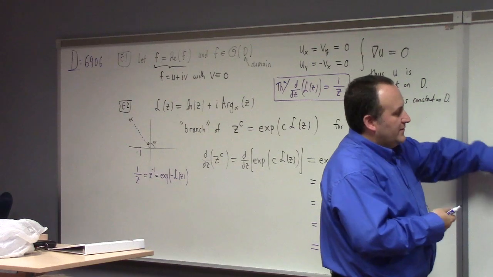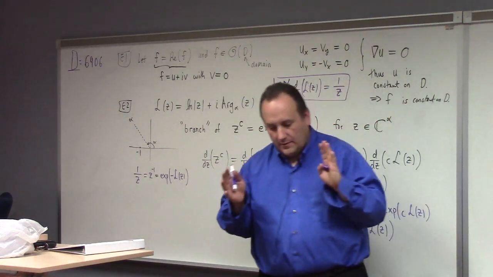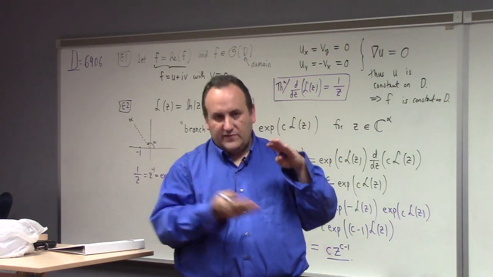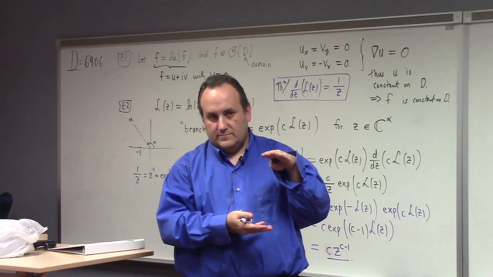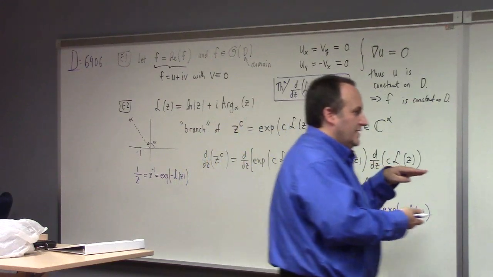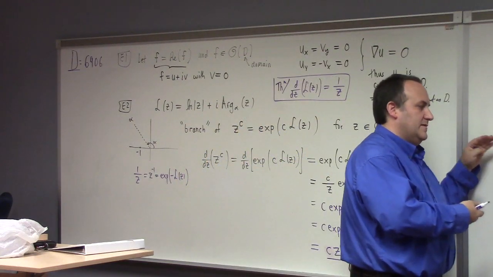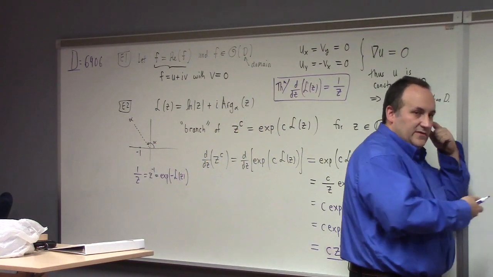And we can only invert the exponential for a restriction of the domain on which it's 1 to 1. So, in other words, you have to figure out where the exponential is 1 to 1. What's the deal?